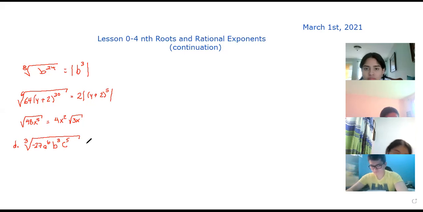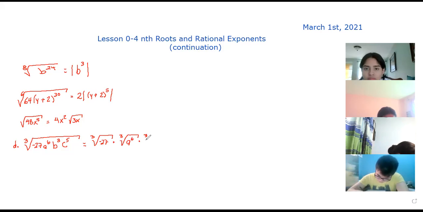According to the property of radicals, I can separate the cubic root, because it's a product: the cubic root of negative 27 times the cubic root of a to the 6 times the cubic root of b to the cube times the cubic root of c to the power of 5.